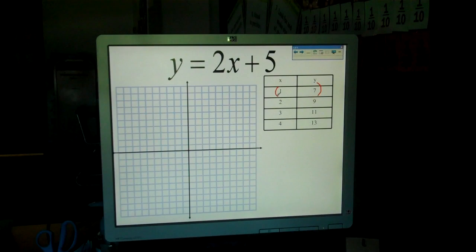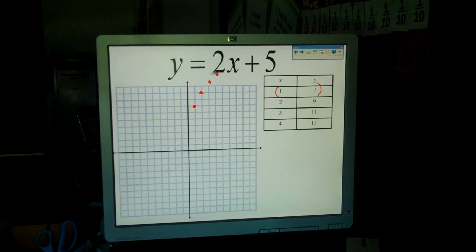But let's graph this one. So we go over 1 and up 7. 1, 2, 3, 4, 5, 6, 7. There's my first ordered pair. Over 2, up 9. Over 3, up 11. So that's going to be right here. And then we go over 4 and up 13. So I'm getting right there.